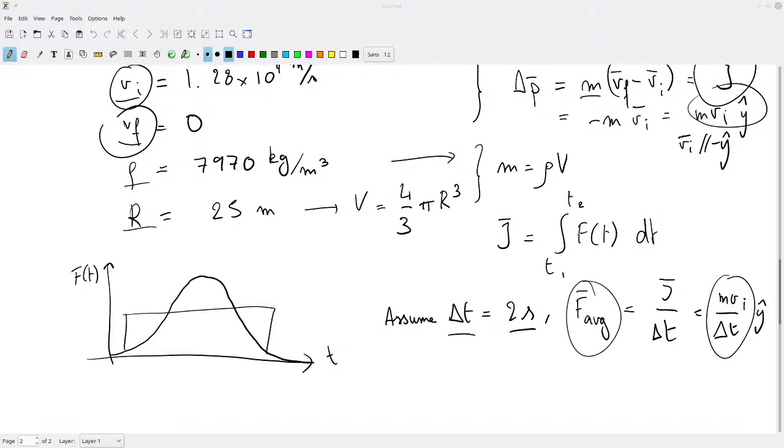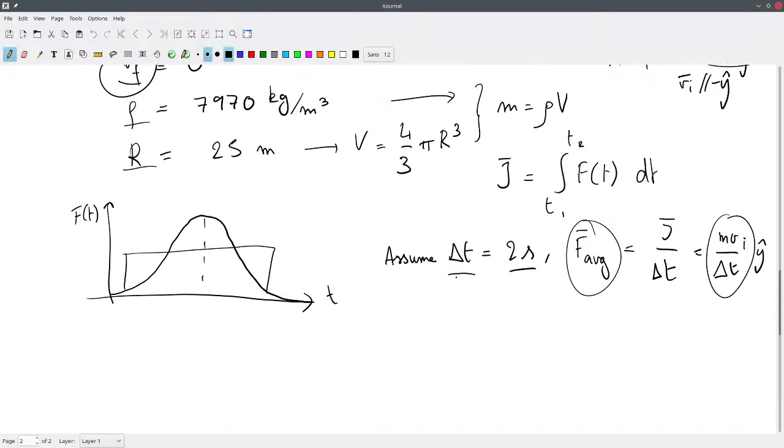We could do something more accurate if we wanted to. We could take a functional form here. We could assume that f of t is some maximum force times, let's call this some Gaussian distribution, a symmetric exponentially decaying peak with minus t squared over 2 tau squared as a magnitude. So we could use that and we could calculate f max. But there really isn't all that much more that we get out of this.